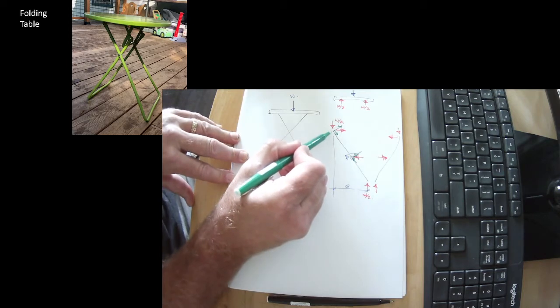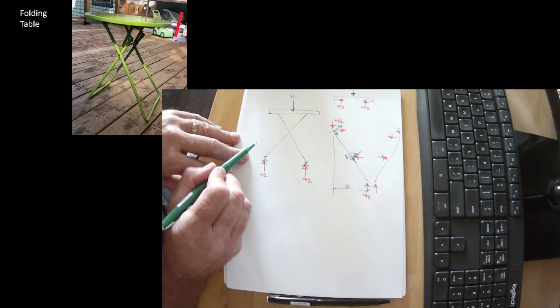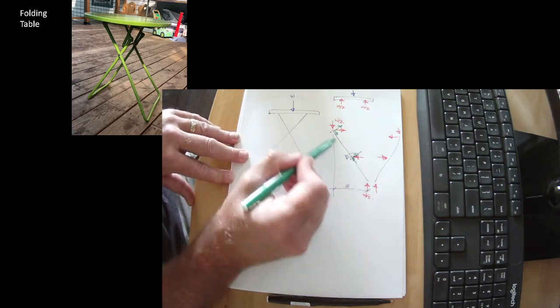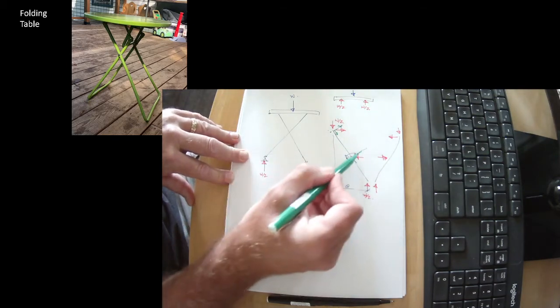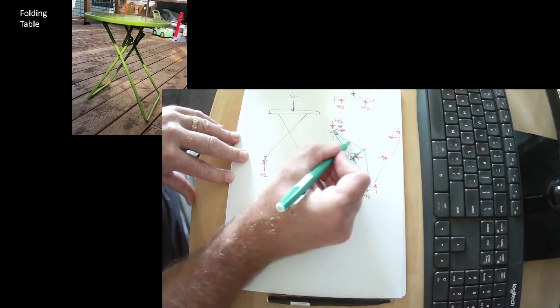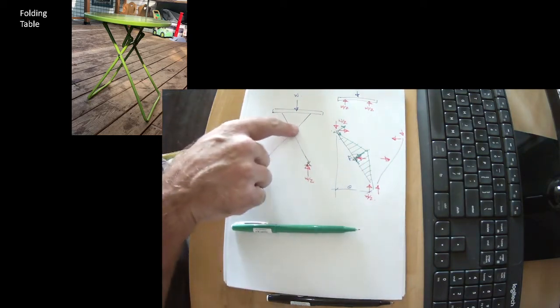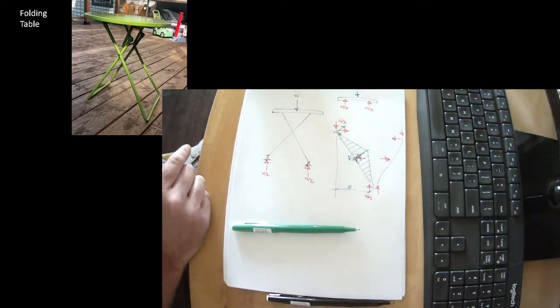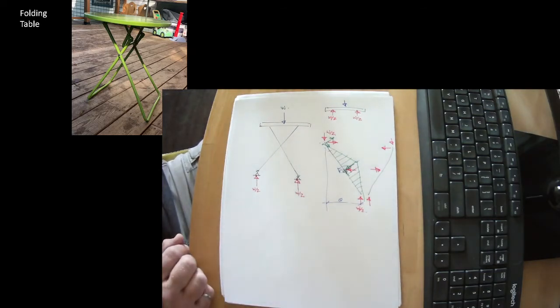What that means is that this section of the leg has a little bit of extra compression in it, and we have a component of force pushing perpendicular to the leg, which means we have bending in this leg. This is where I was going with this. An X-frame is a bending system. It's not a truss. It's things working in bending. And it looks like a truss just because it's triangles.